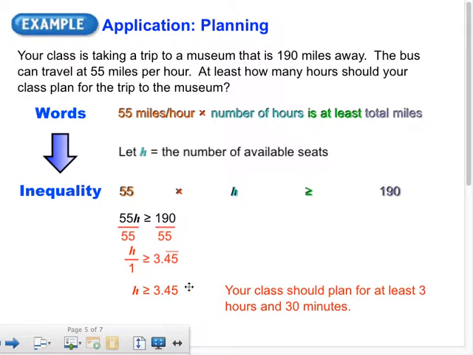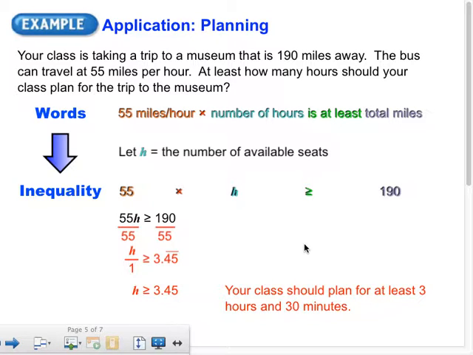And so the number of hours is 3 and 45 hundredths. And that's almost, remember 0.5 is half, right? So that's why I said your class should plan for at least 3.5 hours or 3 hours and 30 minutes. Yes, Caleb?